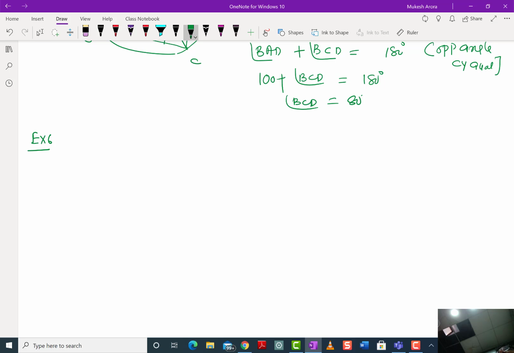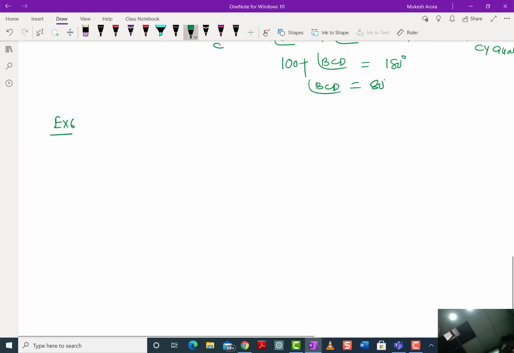So example number 6 says, in a given figure, PQRS is a cyclic quadrilateral.